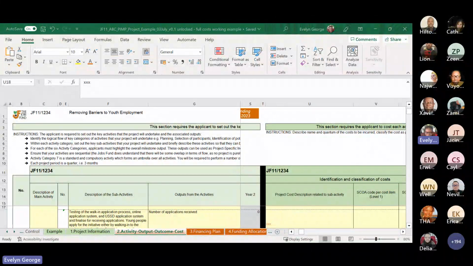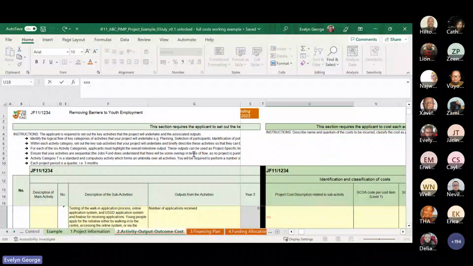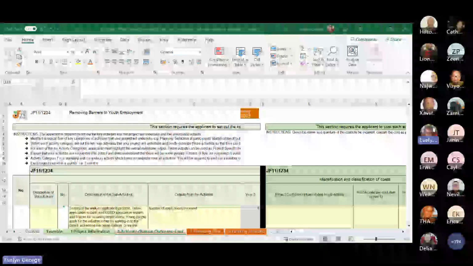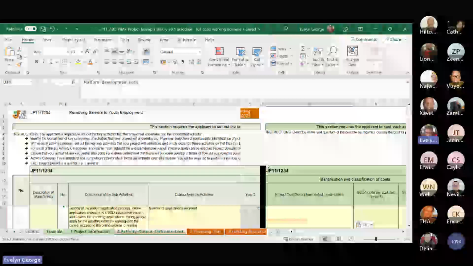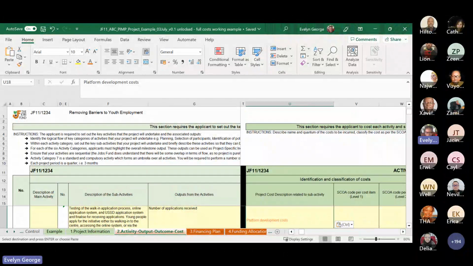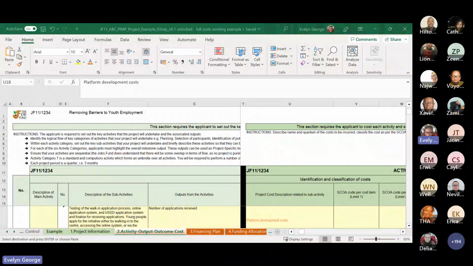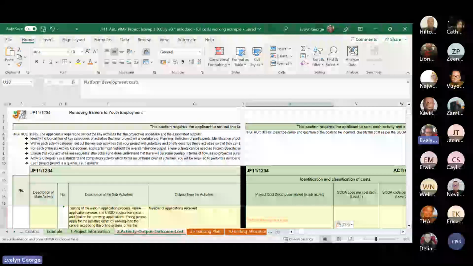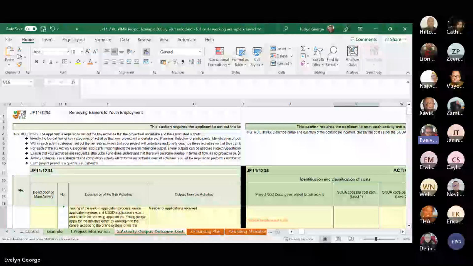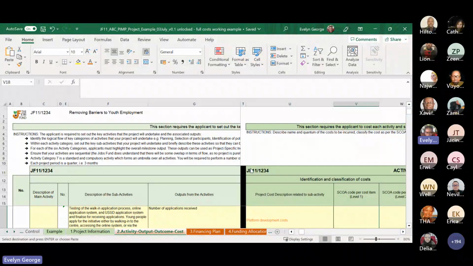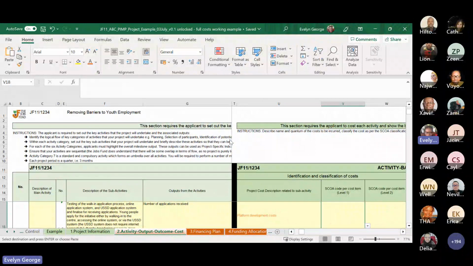So something that I think would be critical to be costed, and I'm going to assume here that the system has been developed prior to the Jobs Fund involvement, and perhaps we are doing some tweaks in the project, would be the platform development costs. Here it will be classified as capital.